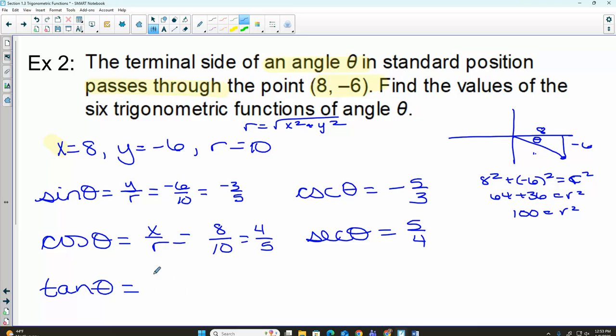Tangent of theta, tangent is y over x, or opposite over adjacent. So -6 over 8, or -3/4, so that means cotangent of theta is -4/3.